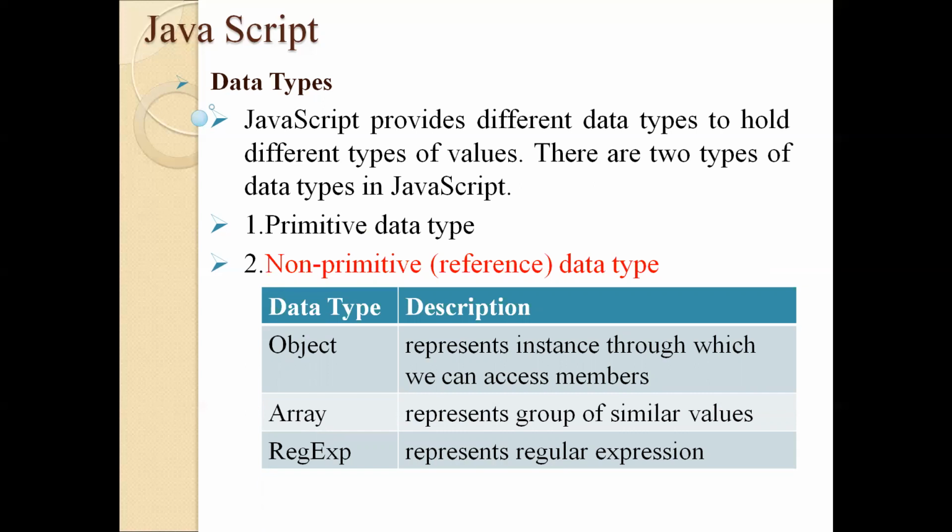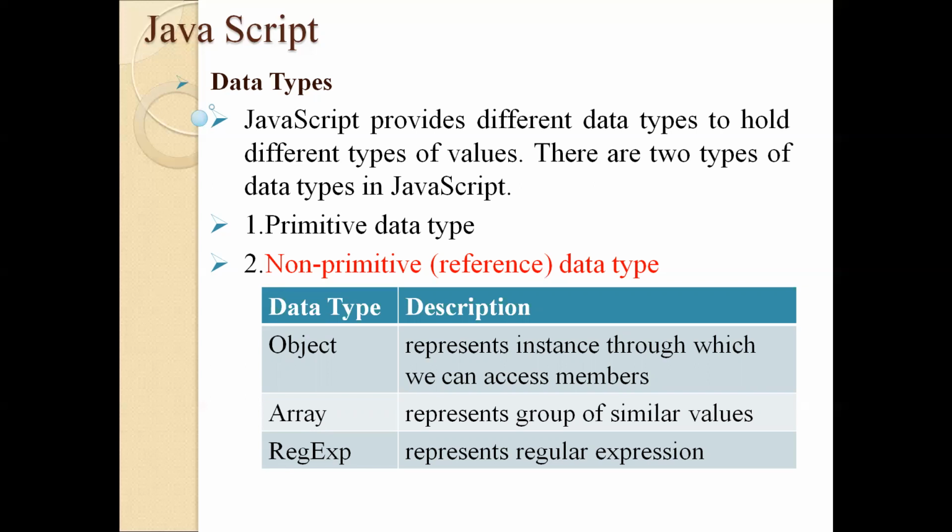An object represents an instance through which we can access members. We all know why we use objects. By using an object, we can access the variables and the methods. So here also we use objects in order to access the members.